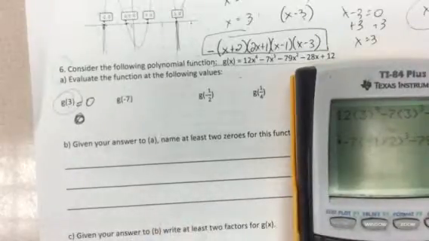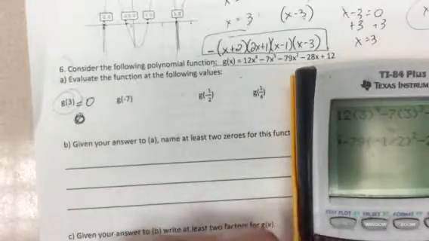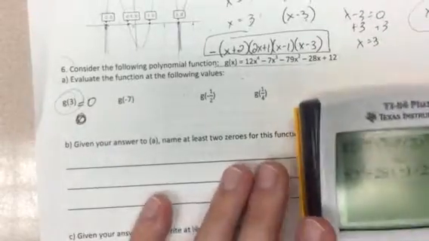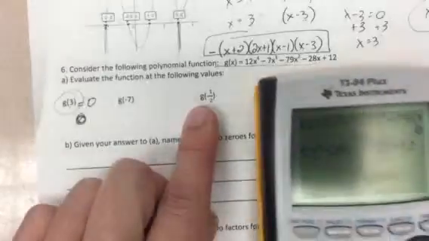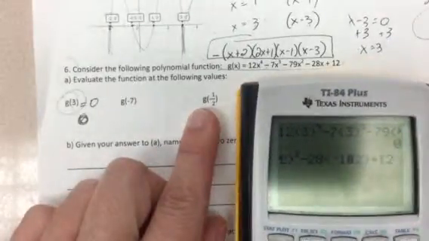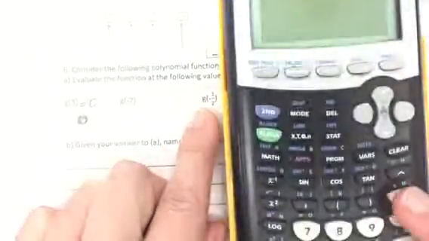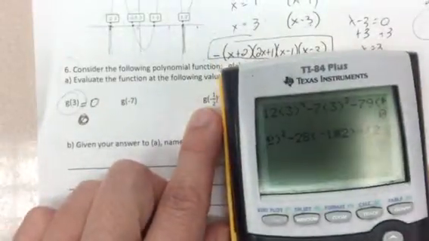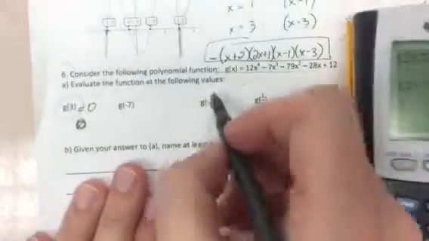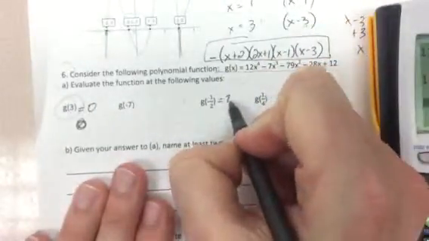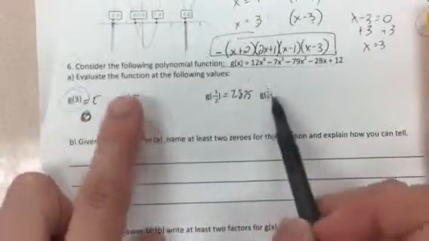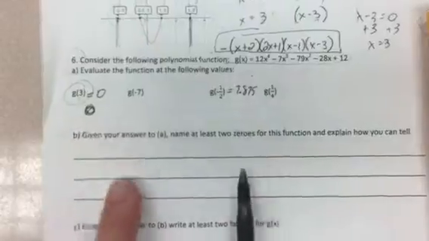I find it easier to insert the -1/2 back over the thing I already typed out. Now it says the same thing, but I put in -1/2 for everything. And notice I just used my division symbol for my fraction bar, because -1/2 is the same thing as -1 divided by 2. So hitting enter, g of -1/2 equals 7.875.